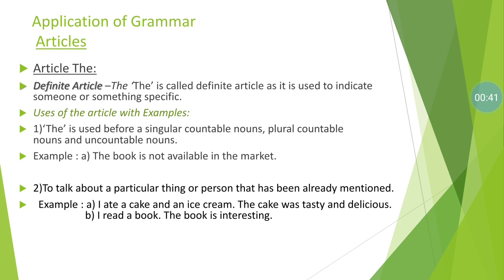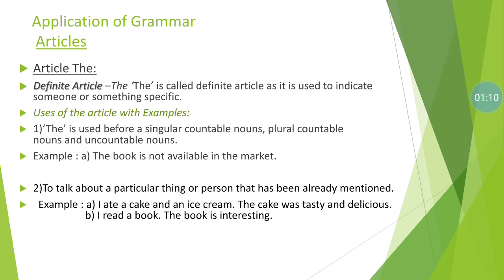Application of grammar. Students, in the first video we discussed what an article is and what the different types of articles are. We already know that a, an and the are the three articles in English, which exist only in the English language, not in any other language or grammar.